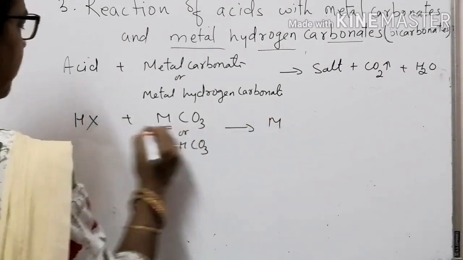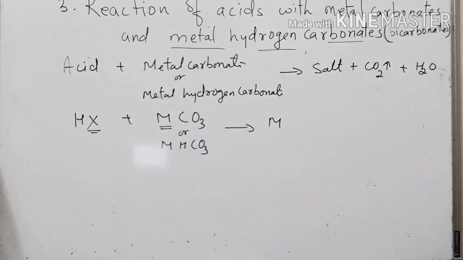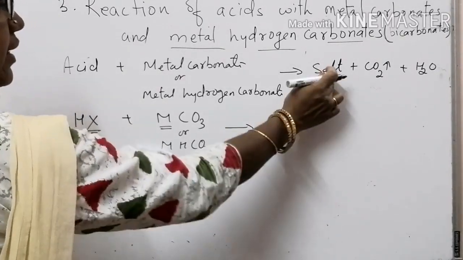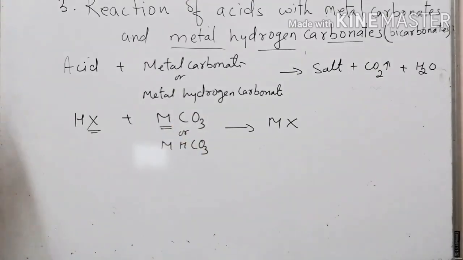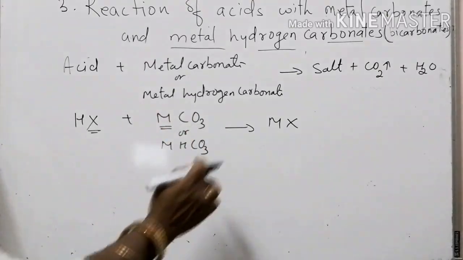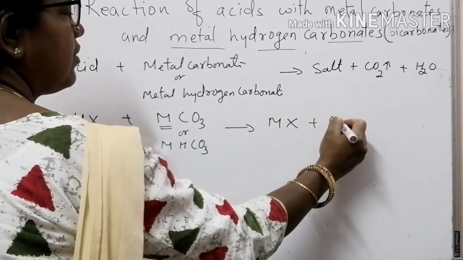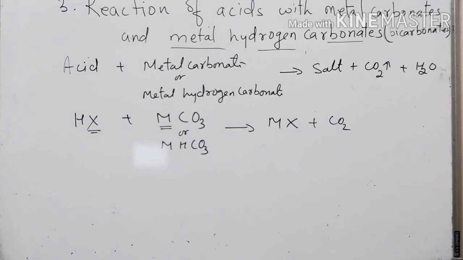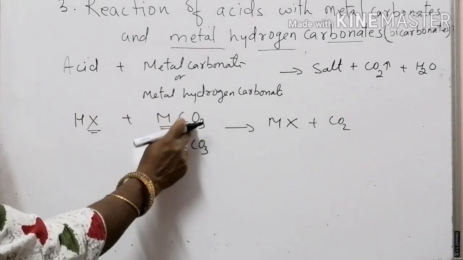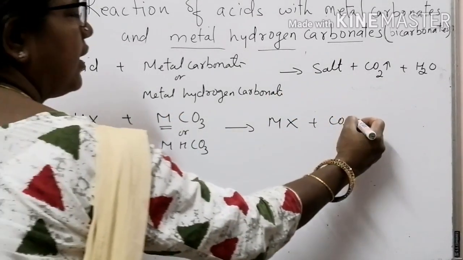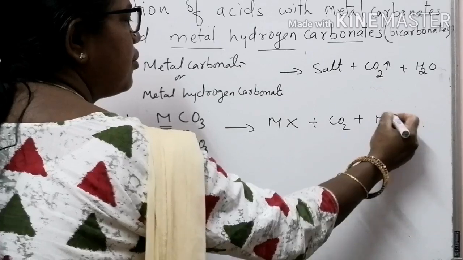Again here M combined with X to form MX, that is salt. The carbonate radical CO3 liberates carbon dioxide gas. Then hydrogen combined with leftover oxygen from the carbonate radical to form H2O.